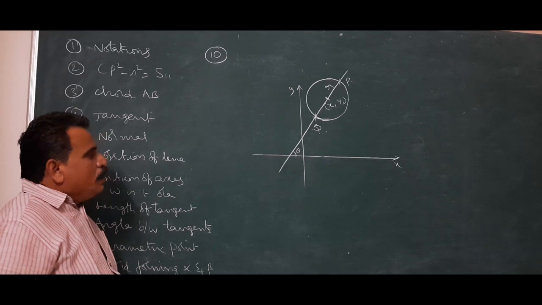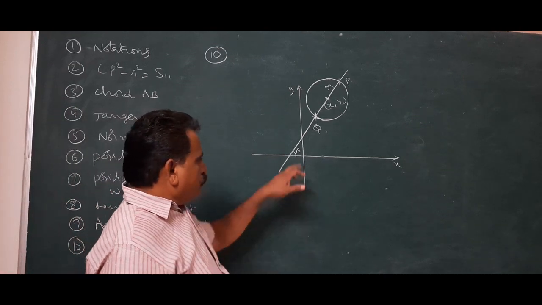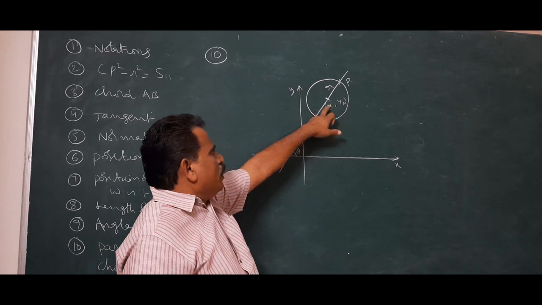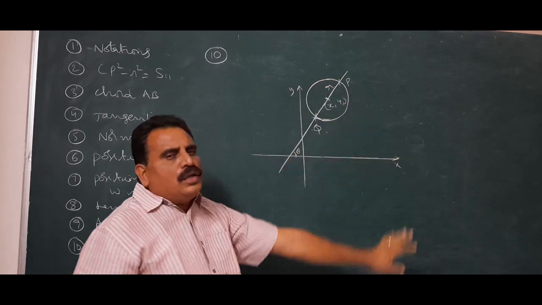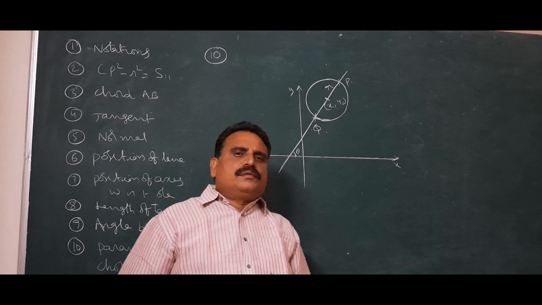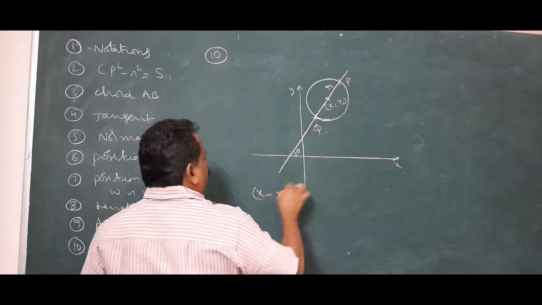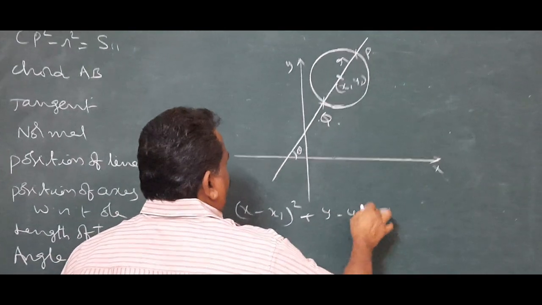Next, parametric equations. The equation of the circle having center (x1, y1) and radius r: you know that (x minus x1) whole square plus (y minus y1) whole square equals r square.